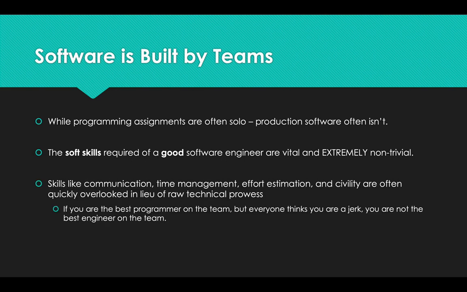So what this class also wants to focus on is things like the ability to communicate what you're doing with your teammates, things like time management to make sure that you're not spending too much time on testing or too much time on designing, things like effort estimation to make sure that you can actually promise in your group project something that's deliverable.